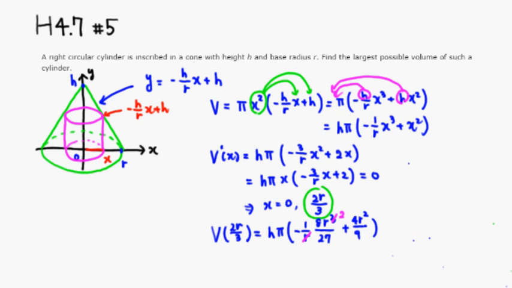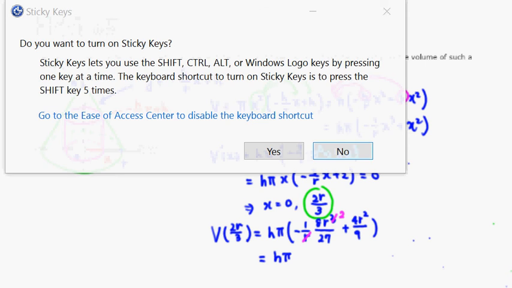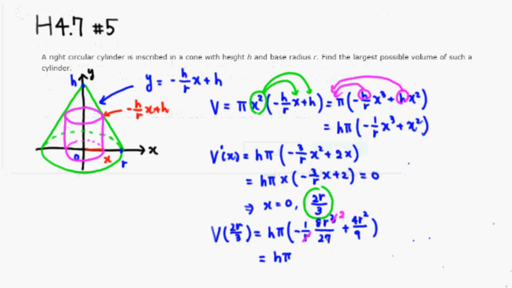If you simplify that, taking a common denominator of 27, it's minus 8r squared plus, multiplying by 3, 12r squared.